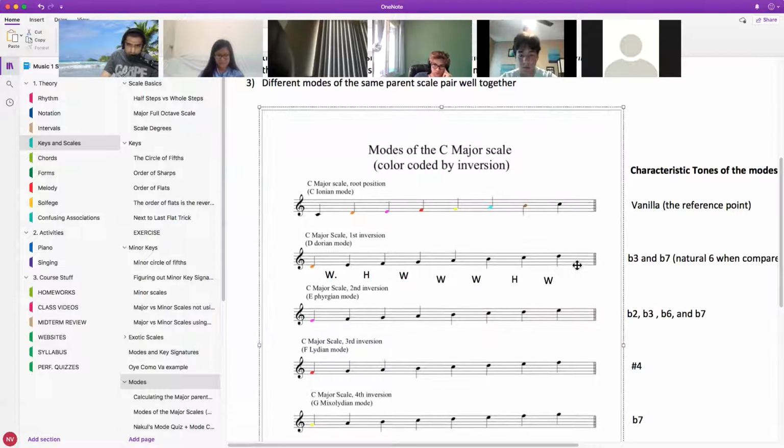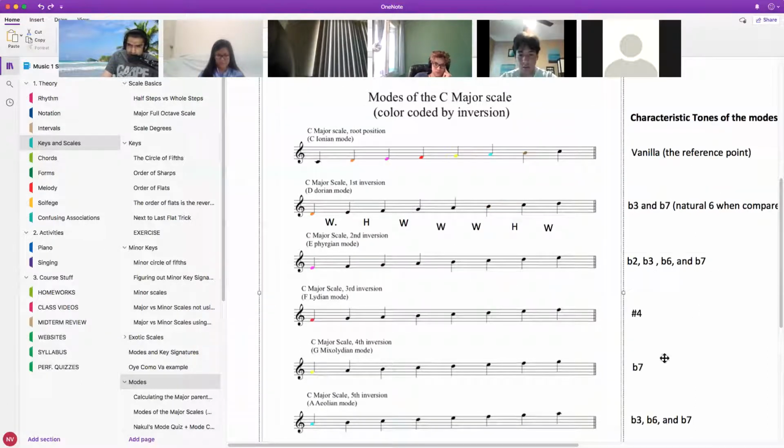But one important aspect of the scale is, and again, I'm using scale and mode interchangeably, because one way to think about modes is as subsets of a parent scale, but ultimately they are scales in their own accord. It's somewhat arbitrary which scale you call the parent scale. What's stopping me from calling this mode the parent scale?